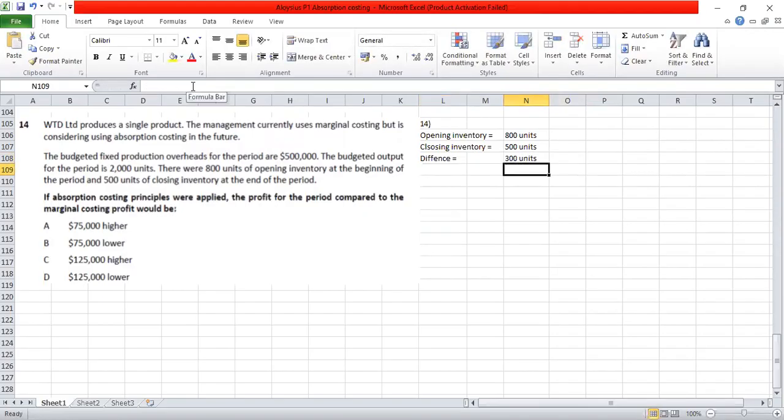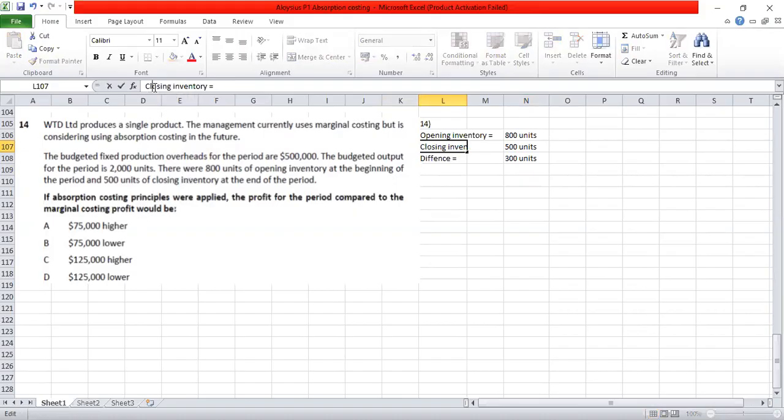The difference in profit according to these two methods is on account of the inventory levels. So the impact is that inventory is reduced by 300 units, and the impact also will be to the extent of that.